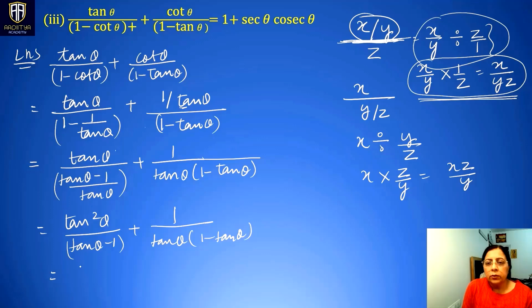Now what else can we do? Now check for the denominators. We have this bracket common apart from the opposite signs. Here we have tan theta minus 1. Here we have 1 minus tan theta.